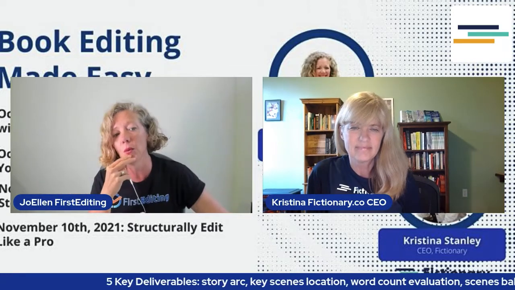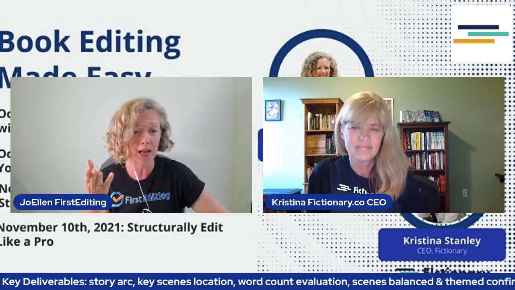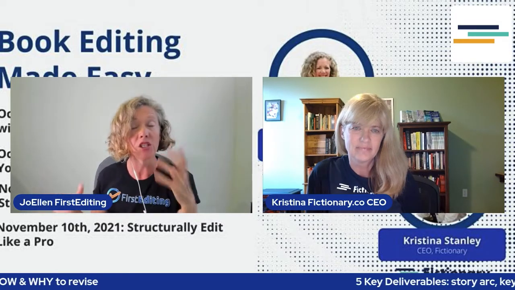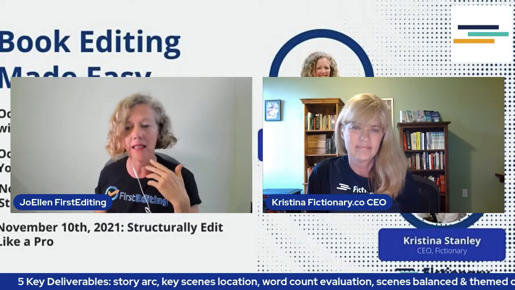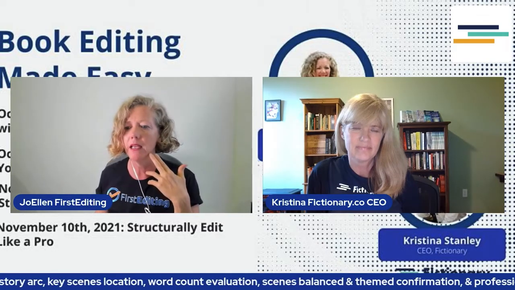And then, of course, what we do as editors, we've provided them, but now it's way, way better, is a professional summary letter, which outlines everything that you're challenged with, everything you're doing well, but also shows you how and why you should revise it by sharing our expertise. There's also a lingo we use that, if you're not familiar with it, can be quite confusing. So anyhow, there we go.